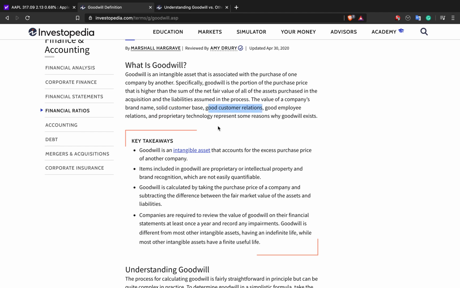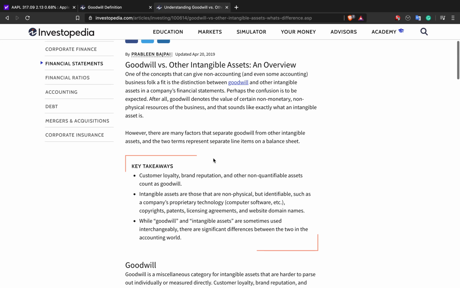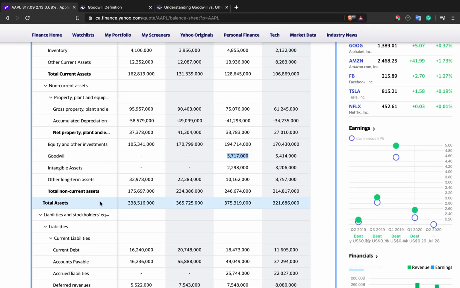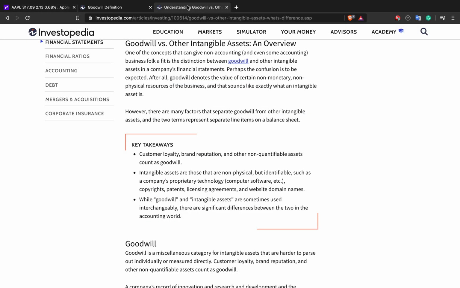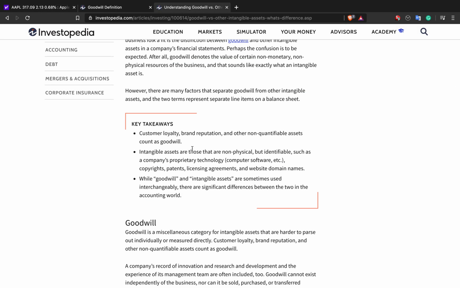Some investors do get confused between goodwill and intangible assets. You will also notice that intangible assets and goodwill are indexed in separate columns. To understand this on a deeper level, goodwill would be customer loyalty, brand reputation, and other non-quantifiable assets.